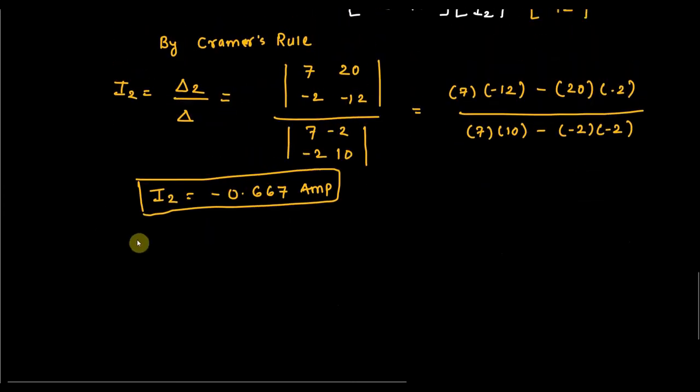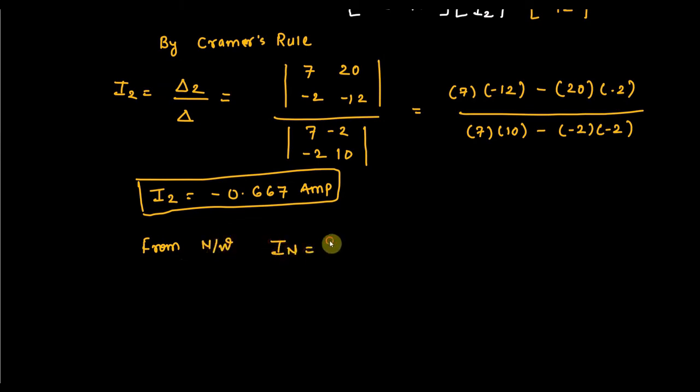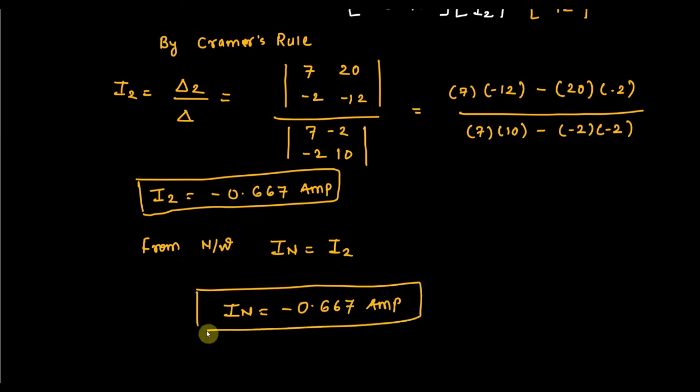So we write the next statement. From the network, your IN is equal to I2. What is the value of IN? Your IN is minus 0.667 ampere. Right? So this is the value of the Norton's current source.